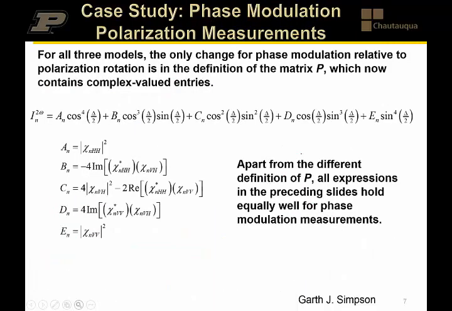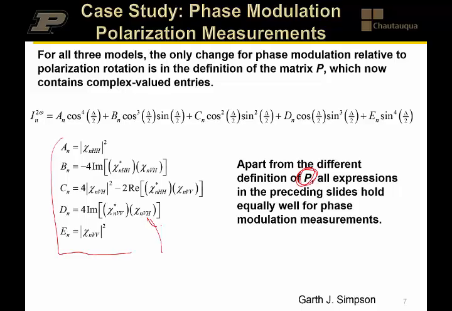If you want to do phase modulation, which we like to do because it's much faster than polarization rotation and therefore it results in a significant reduction in 1/f noise, the math is identical. In fact, the only thing that changes is the definition of P, which we haven't even gone through. But basically that's what connects the set of 10 observables back to the tensor element combinations.